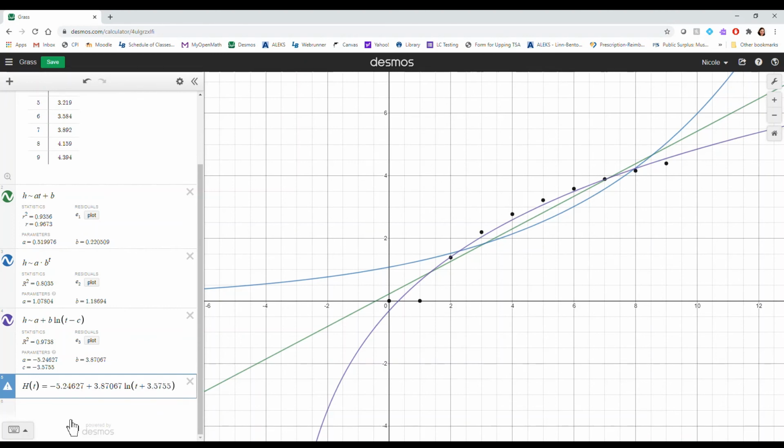So all I did was I looked at my A, B, and C parameter values right here, and I plugged it in, and something it does not like.